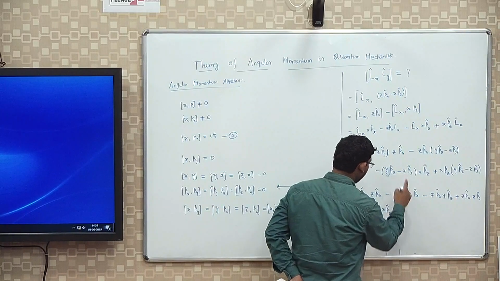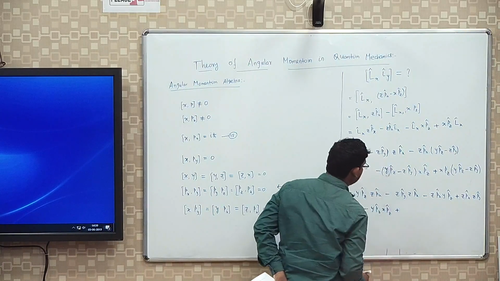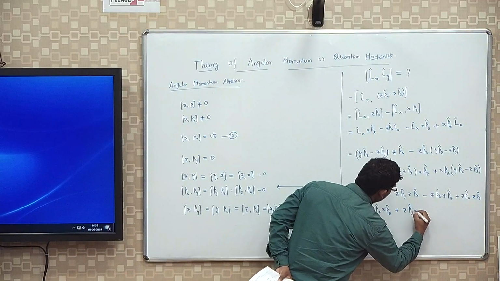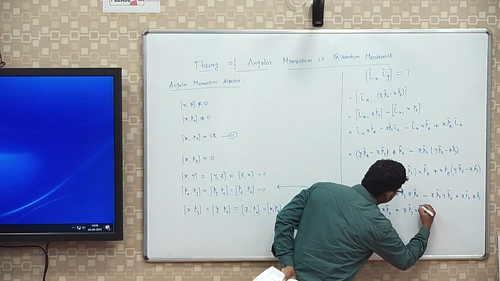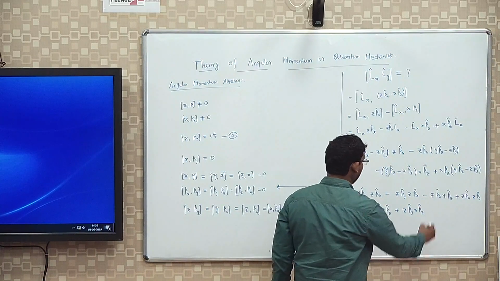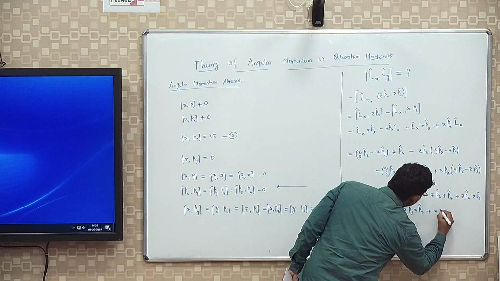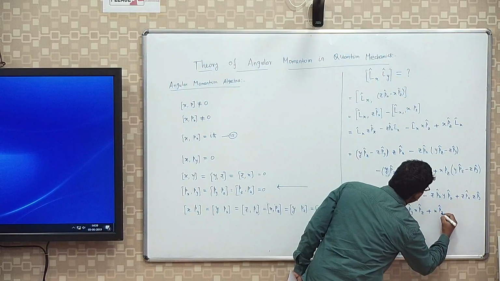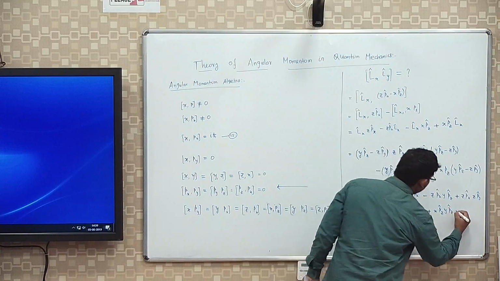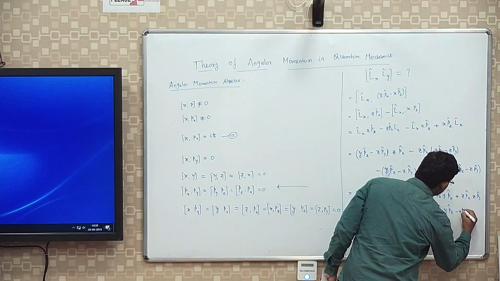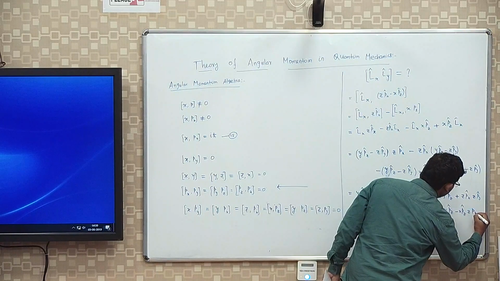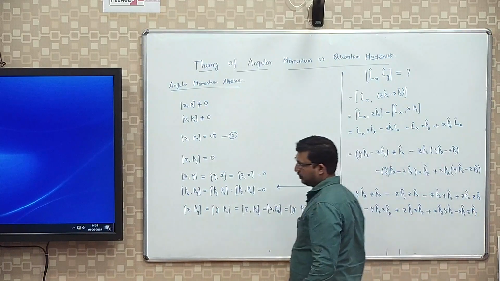So it will be plus sign z py operator x pz operator. Then here x pz operator y pz operator minus x pz operator z py operator.